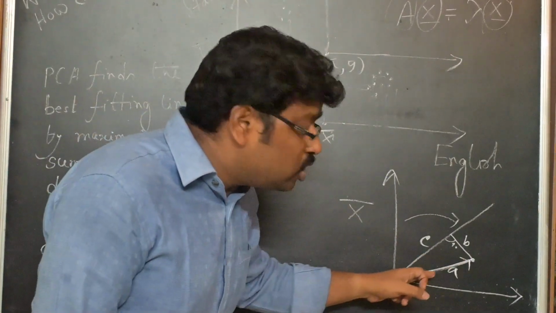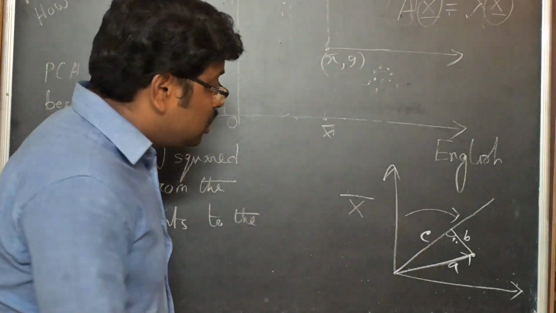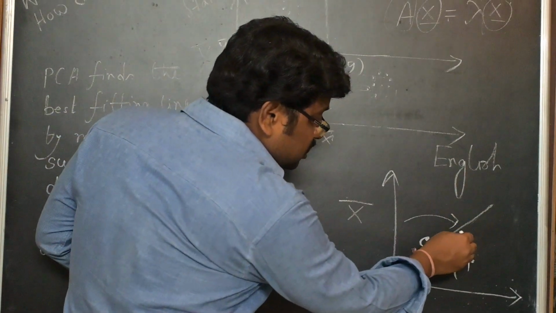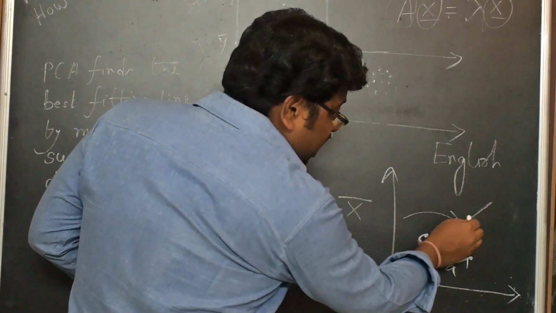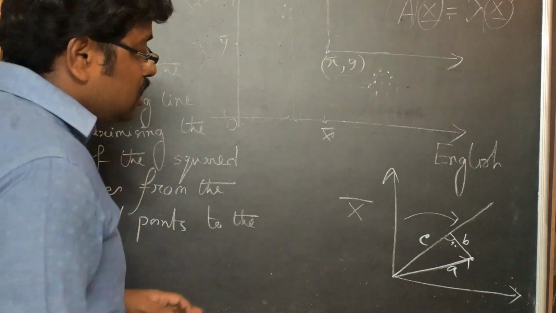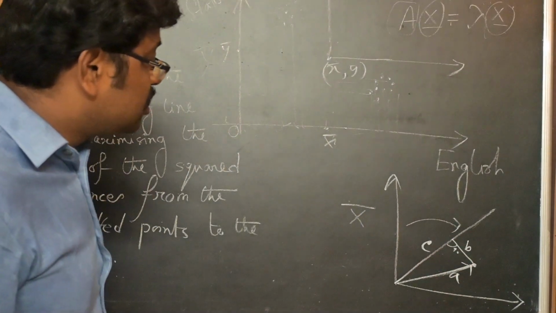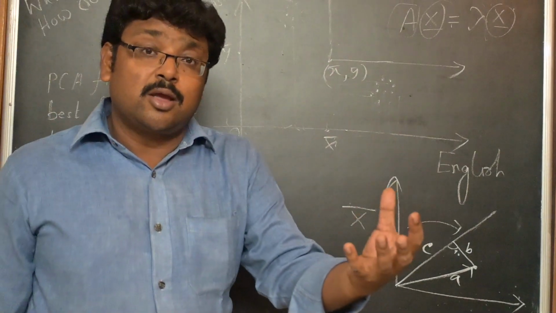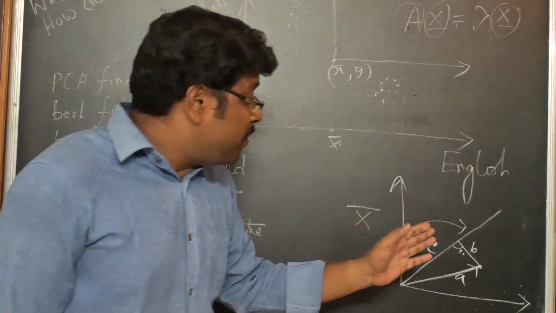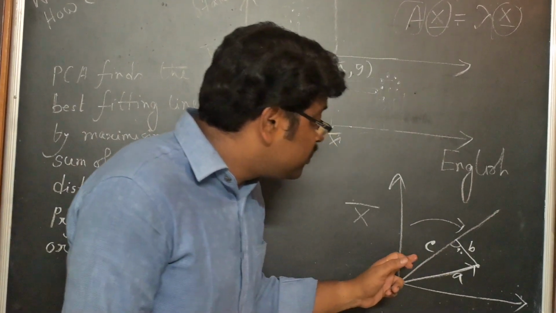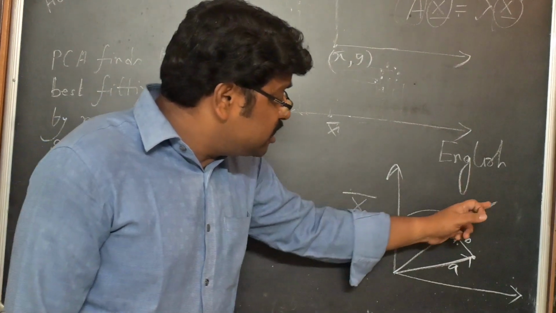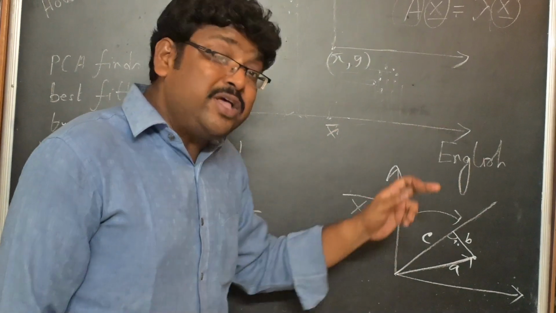So this direction will not change. So this line will cover most of the points. In which way can we have the line that is best fitting?